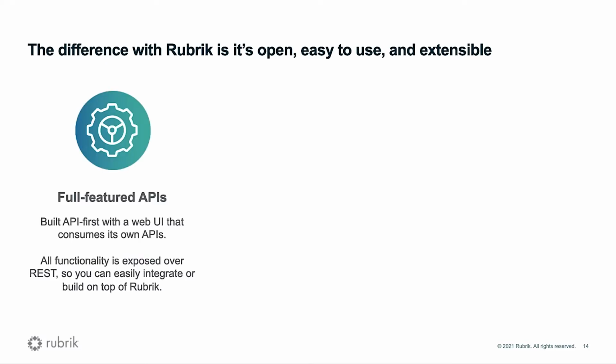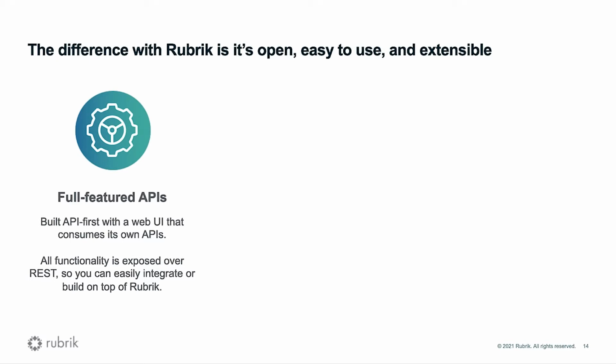The first thing is, we're full feature. As I mentioned, everything you could do within the Rubrik UI can also be automated by consuming an API endpoint. And I mean everything, right? In fact, our UI really just calls the API itself. And essentially that makes us customer zero in a sense.